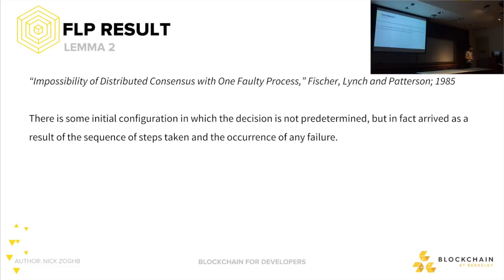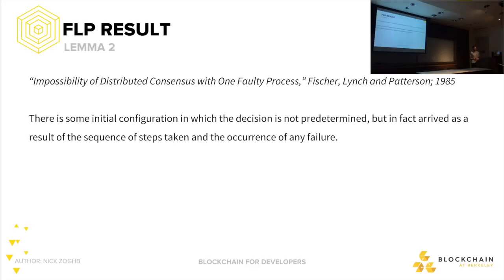There's some initial configuration in which the decision is not predetermined, but in fact arrived as a result of the sequence of steps taken and the occurrence of any failure. What it means basically is that the observation that you make of a network is non-deterministic. You can't determine beforehand, basically.